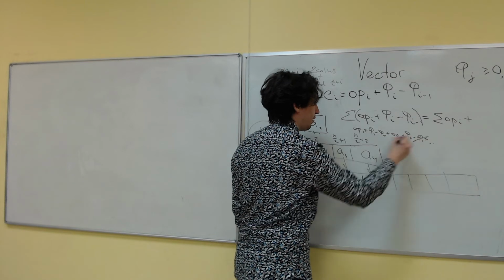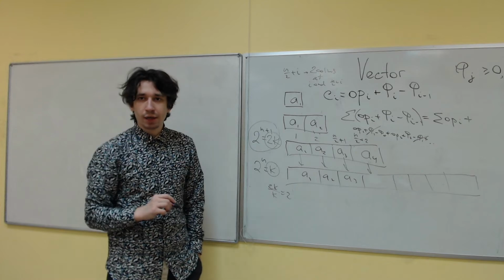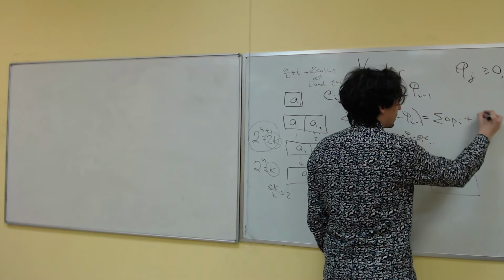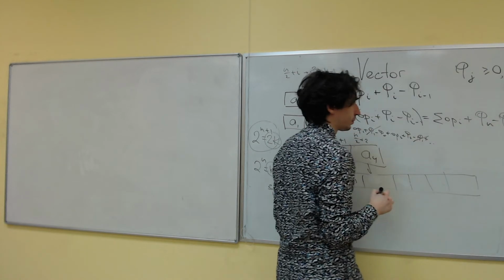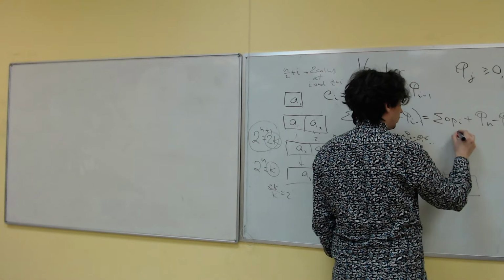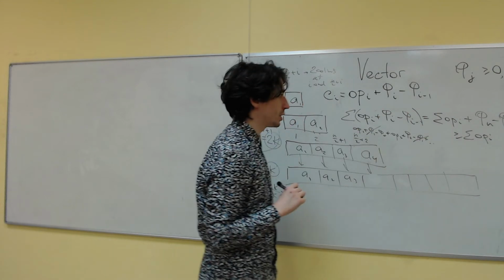And you have f1 that is written out by the next summand. So at the end you will get just plus Fn minus F0, which is bigger than the sum of operations.